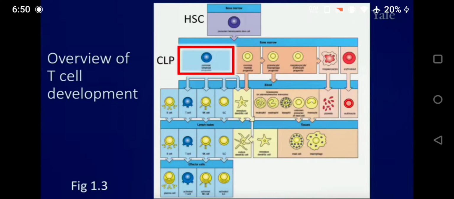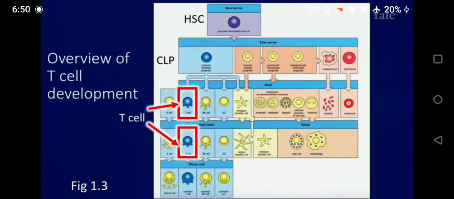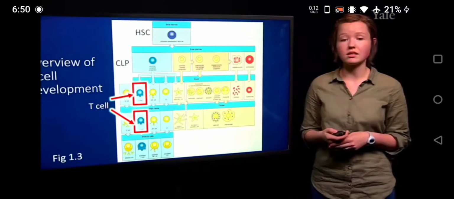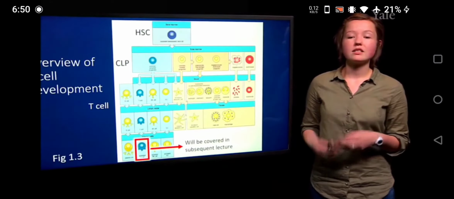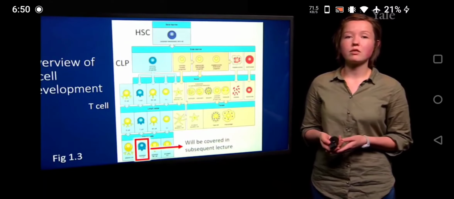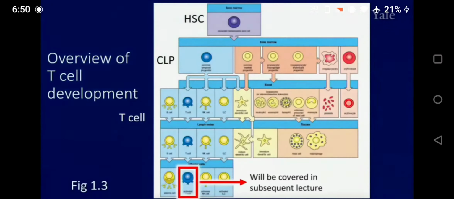And then today, we are specifically focusing on T cells, which derive from these common lymphoid progenitor cells. And so they will start out in the bone marrow, then they will move to the thymus to undergo most of their developmental stages. And these cells will also give rise to effector functions, which are the actual function that they take on during the immune response.